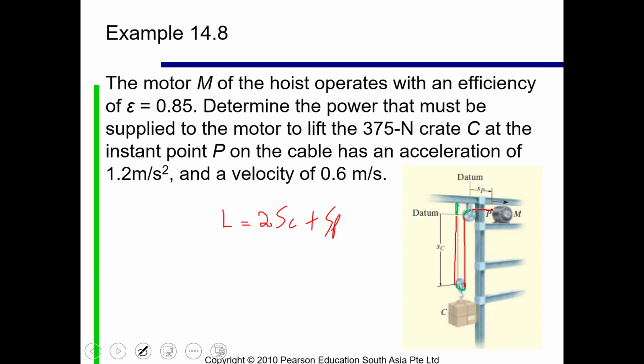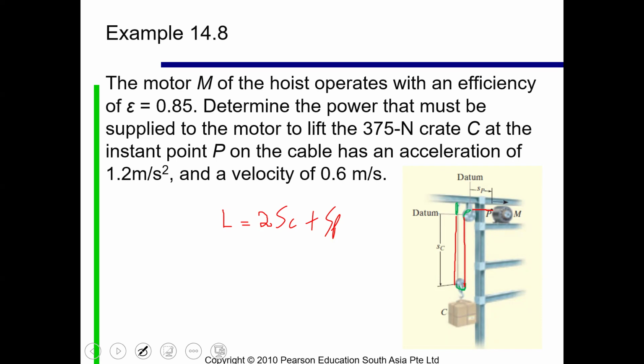Right? Can you see it? I highlighted it on the problem as well. So the length of the rope that you need to take into account that can change with time is only this part. SC can change because the datum has been established, and the other rope can also change. SP can also change for point P. Students, make sense till now?